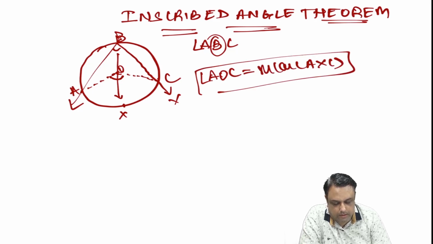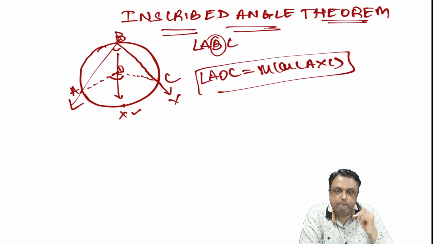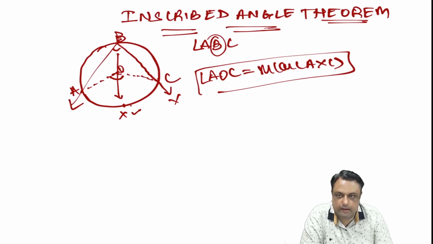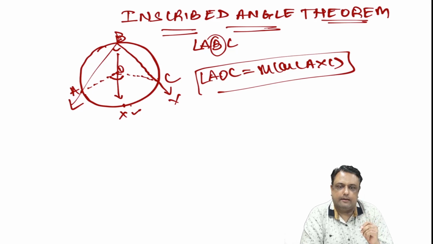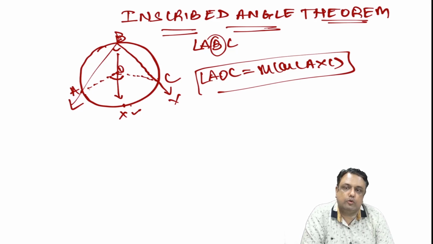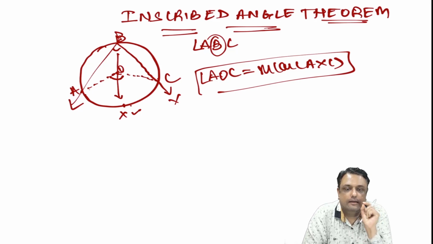It is customary to associate the measure of the minor arc with the corresponding central angle. So the end points of any arc, A and C, you join with the center. I joined A with O and C with O, so angle AOC is formed. That is called the angle at the center.